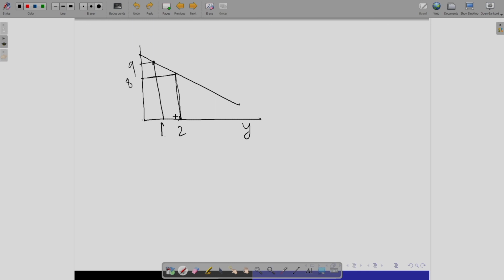When you are buying 1 unit, you are willing to pay this whole amount, right, 9. So, when you actually pay 8, you are getting this much surplus, right.